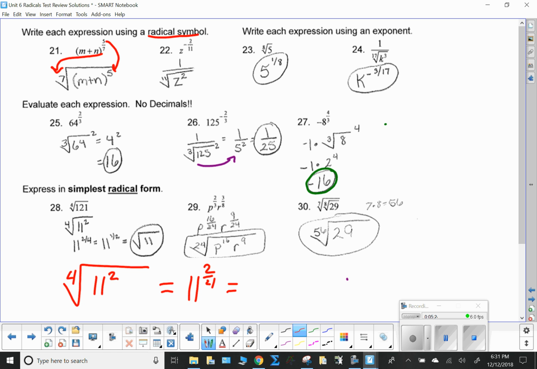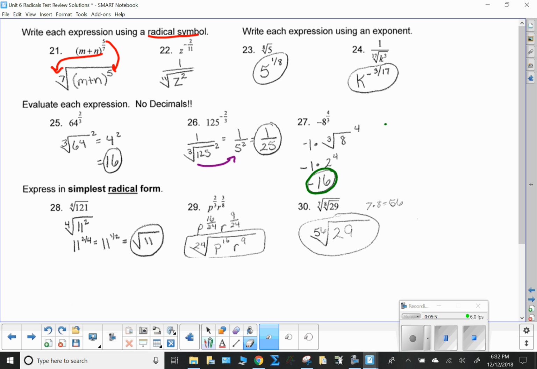Then I can simplify my exponent to 1/2, which then means I can simplify my radical to just the square root of 11. Like all of these on your test, you just have to know the process. When you've got something like this, see if you can write it to another power, and then can you simplify that power.